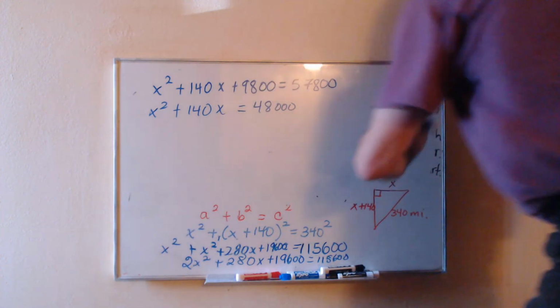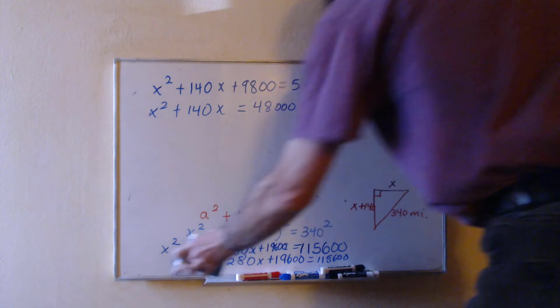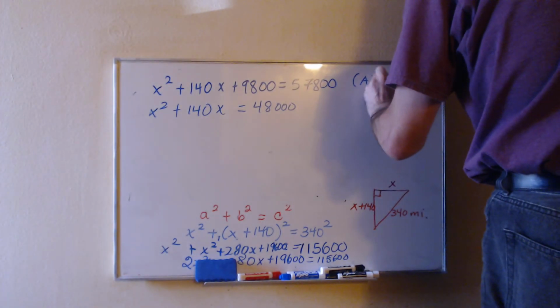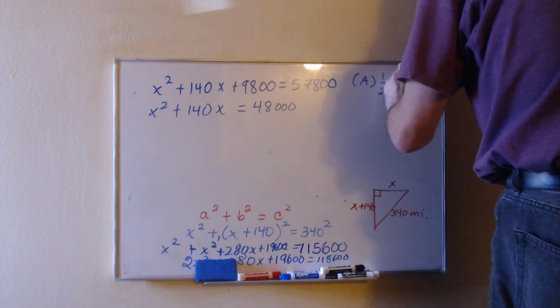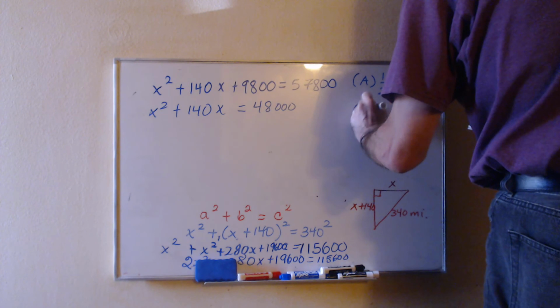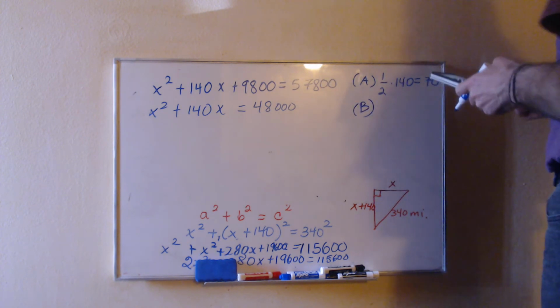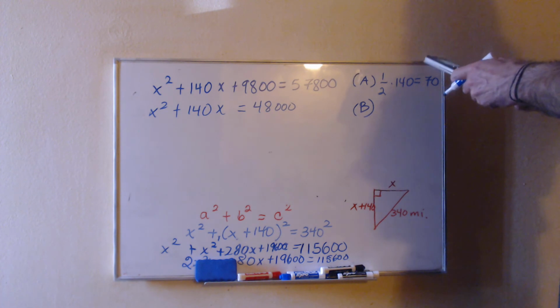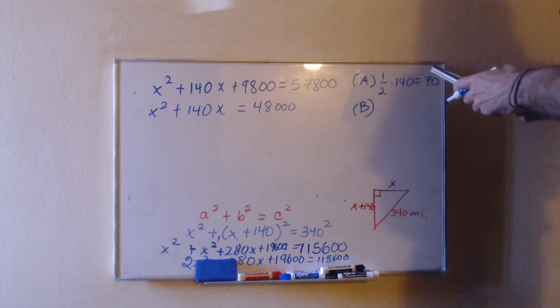If we do 2 steps of side work arithmetic on the side, 1/2 times 140 gives us 70. We're going to see that 70 again, but then we square that and get 4,900.